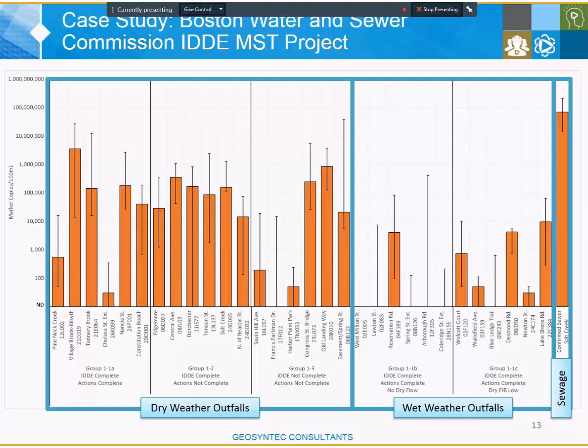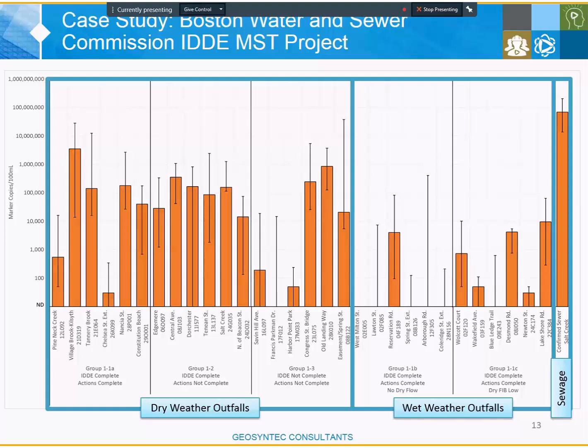And so they have measurements of gallons of sewage that they've caught and prevented from entering their system. But what they had no idea of was whether their progress over the past couple of decades has gotten them to a point where the remaining flows in their MS4 are absent sewage.